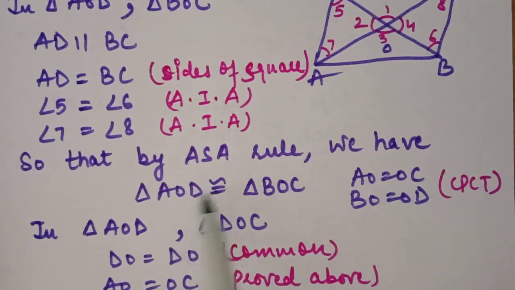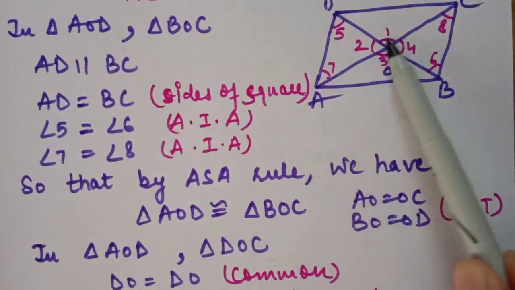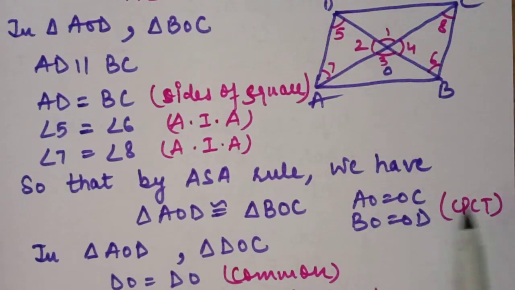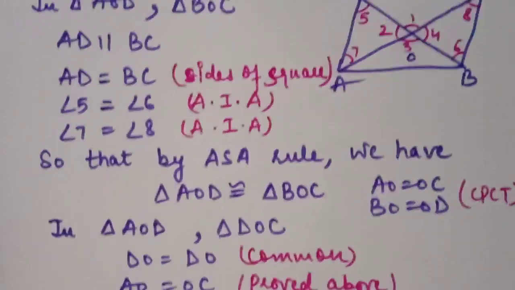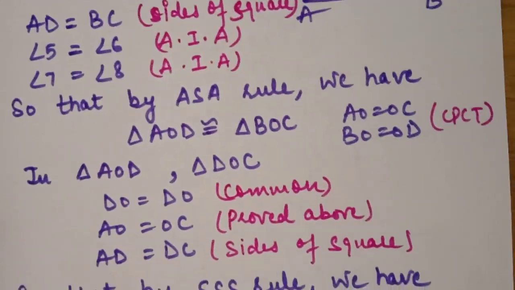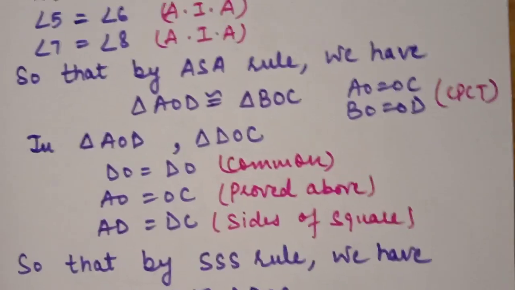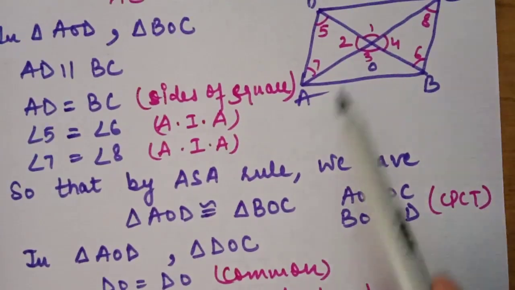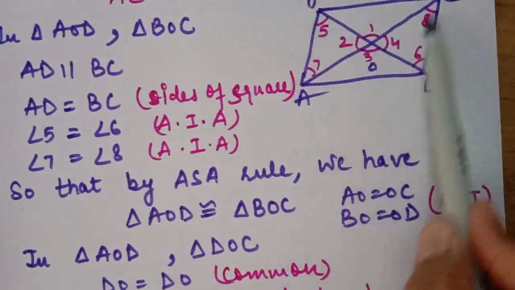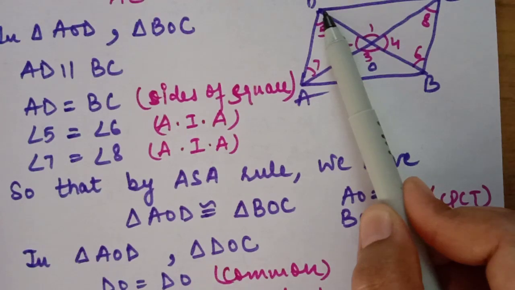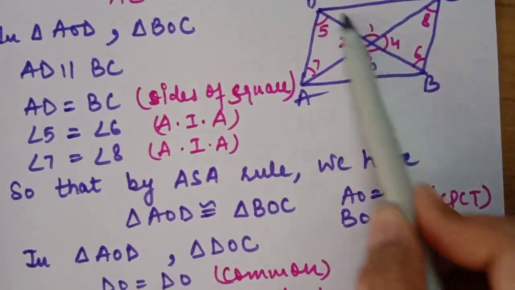If these two triangles are congruent, then definitely AO is equal to OC by CPCT and BO is equal to OD by CPCT. They both are equal to each other. So two parts are already proved. Now third part of the question. Now we will take triangle AOD and DOC. In these two triangles, first of all we know it very well that DO is common.